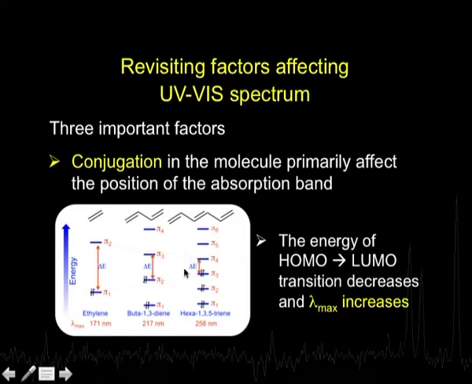So, that actually gets to lower and lower energy. As a consequence, the lambda max increases. So, typically what we established in the previous session was that because of conjugation, there is a lambda max increase in the spectrum. That is one factor which typically affects the UV visible spectrum.